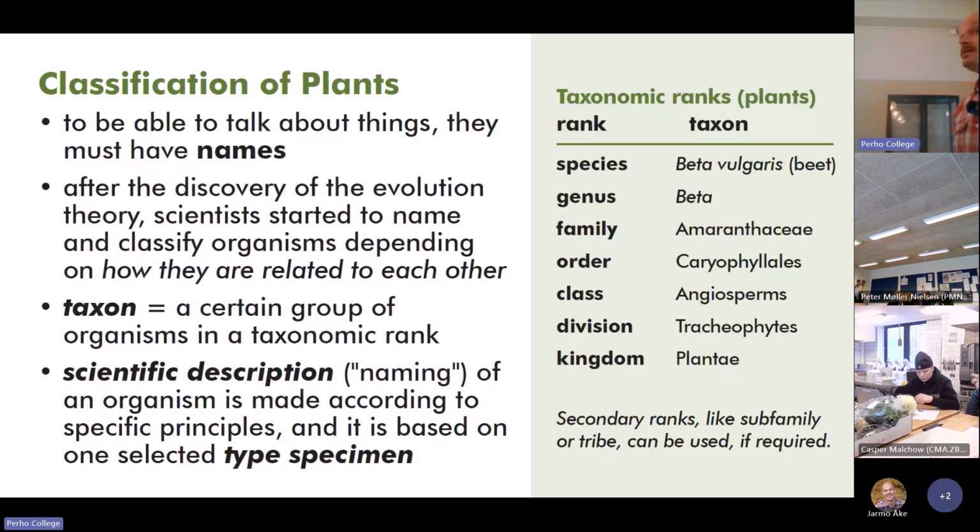Here it's tracheophytes, or the plants with tracheas, so the water conducting system. And until we get to kingdom, in this case, Plantae, the plants. Our kingdom would be Animalia, animals.